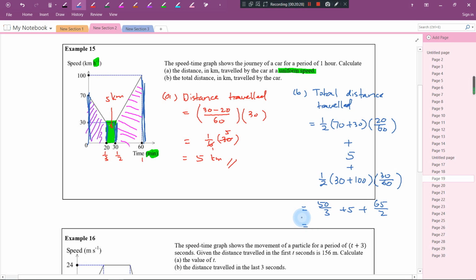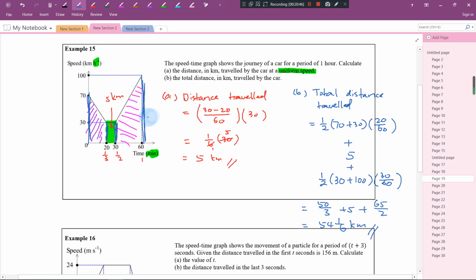We just plus all these numbers together. You will get 54 and 1 over 6 kilometer.